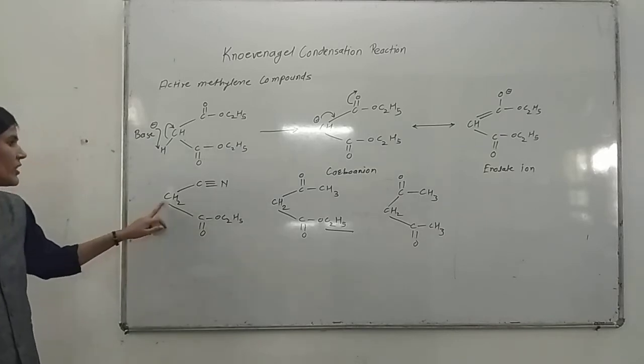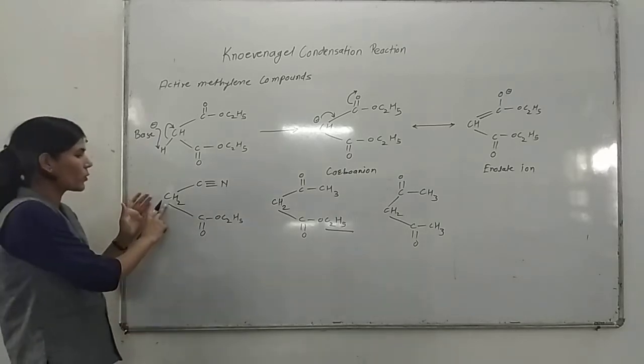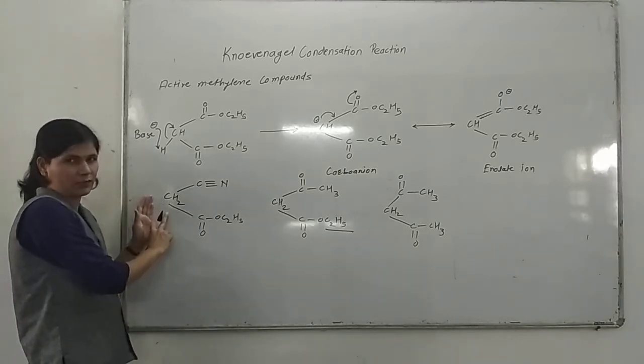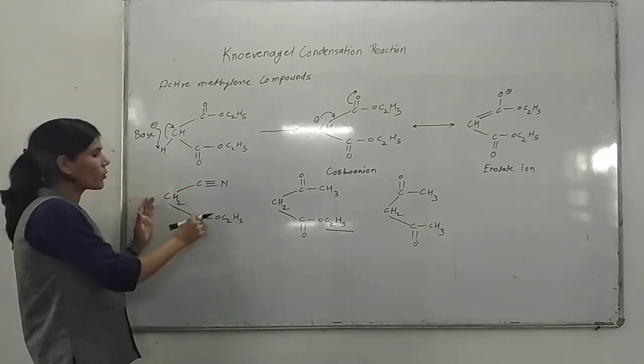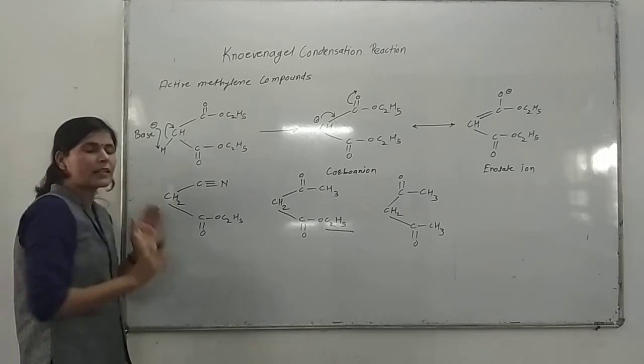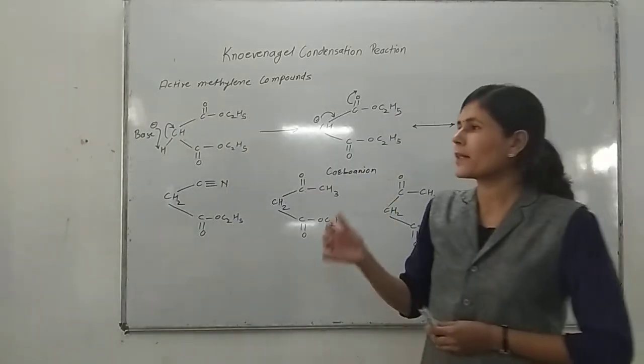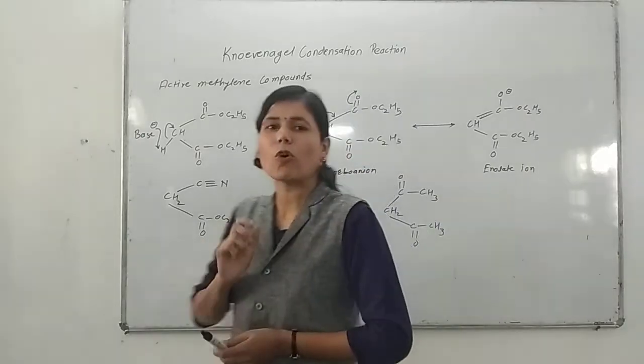Why is it called an active methylene compound? Because these protons are acidic in nature. The electron withdrawing groups increase the acidity of these methylene protons. Remember that acidity depends upon stabilization of the conjugate base.